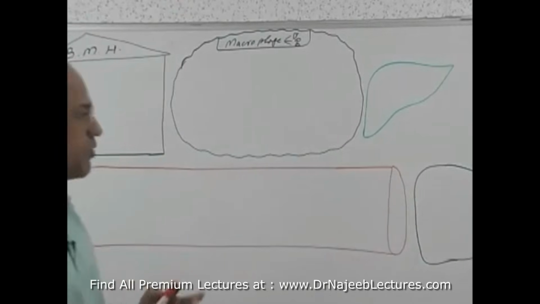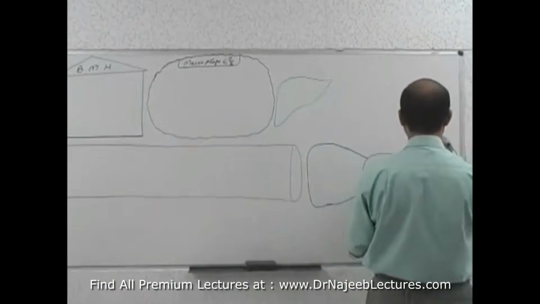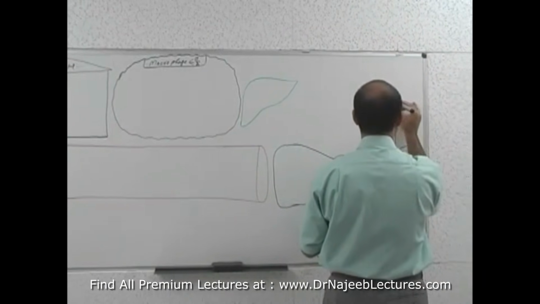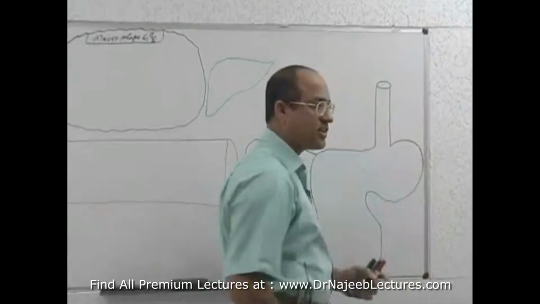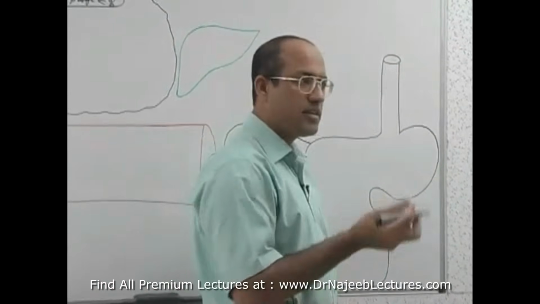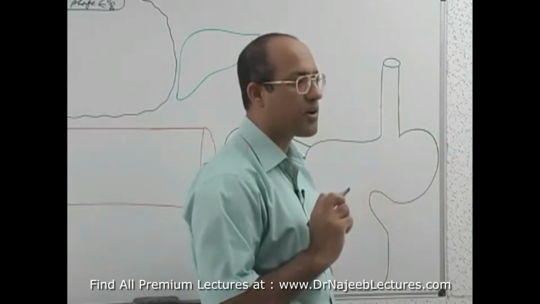So let's start from the very beginning: from where we are getting the iron and how we are getting it into our body. Basically, iron is provided in the diet in two forms. One is iron as a part of meat, when you are eating animal products.